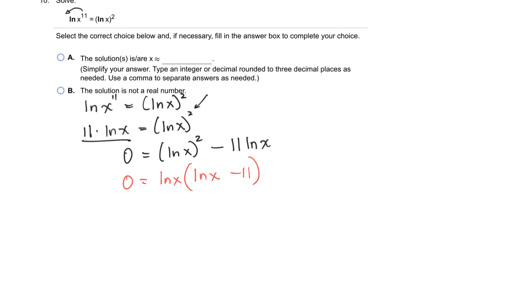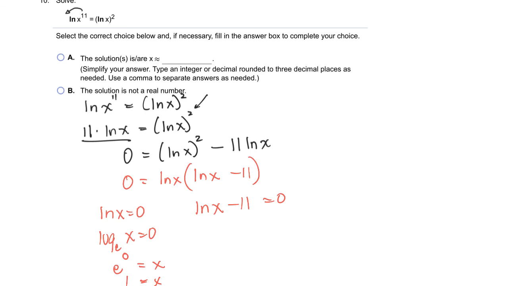Okay, and then, so it's a 0 property, so it'll be ln of x is equal to 0, or ln x minus 11 equals 0. So this one here, this would be log base e of x equals 0. So it'll be e to the 0 is equal to x if I change it to exponential notation. Everything that's raised to the 0 power is equal to 1. So 1 will be one of my answers.